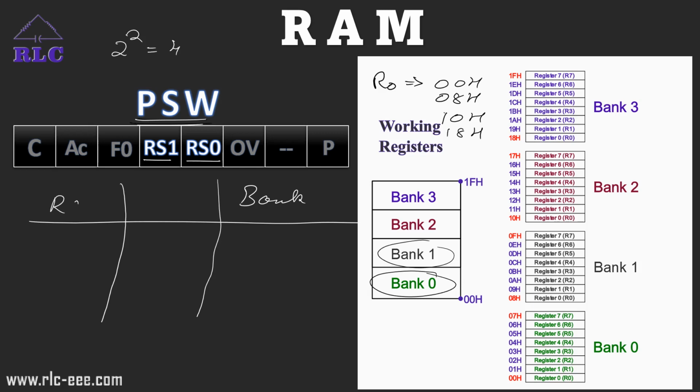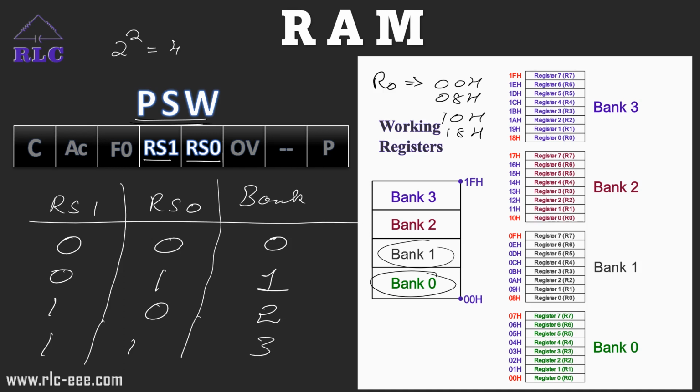So we have the RS1 bit and the RS0 bit. When RS1 is 0 and RS0 is 0, bank 0 will be selected. If RS1 is 0 and RS0 is 1, bank 1 will be selected. Then 1 0 selects bank 2, and 1 1 selects bank 3.